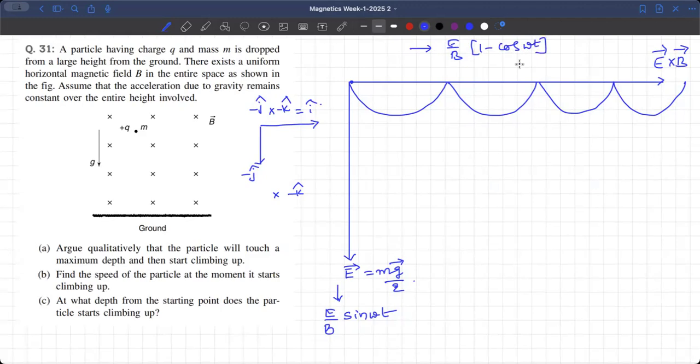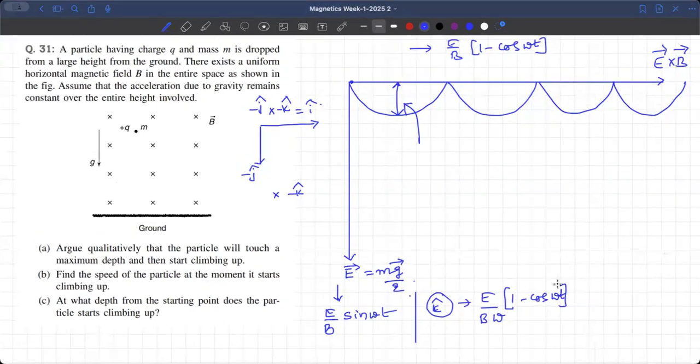Argue qualitatively that the particle will touch the maximum depth. You want this maximum distance. Very simple. You want the maximum coordinate along the E cap direction. The E cap position coordinate is going to be E by B omega times (1 minus cos omega t).